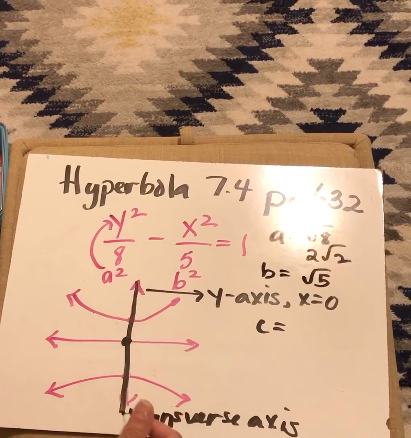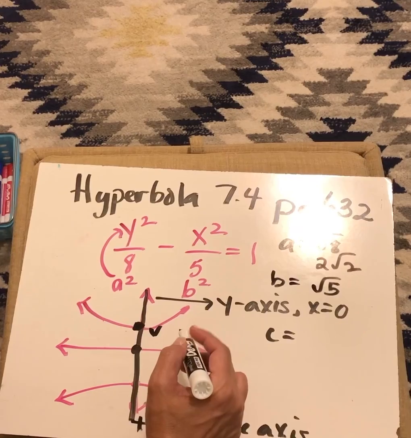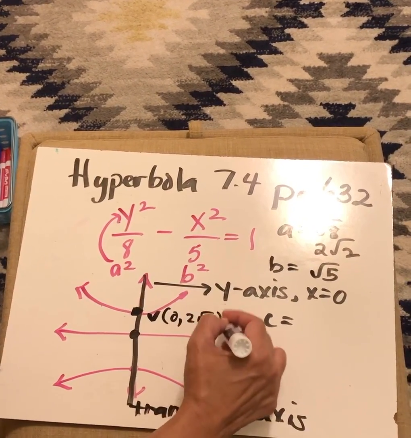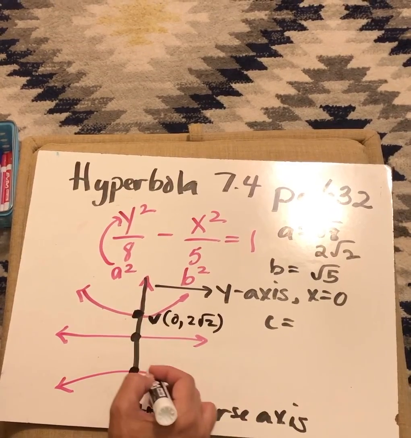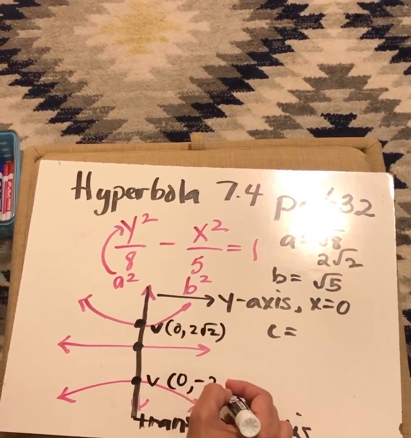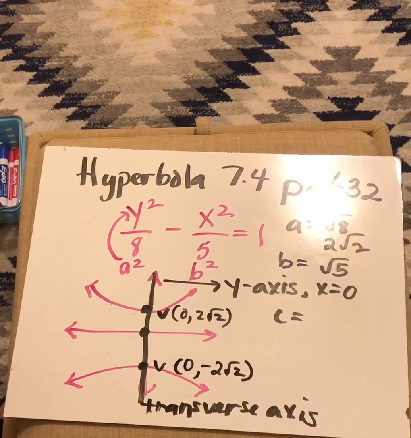So the vertices again lie on the transverse axis. Here's a vertex, which is located at 0, 2 square root of 2. And down here is another vertex, which is located at 0, negative 2 square root of 2, which is your value for a. Let's go ahead and solve for c.